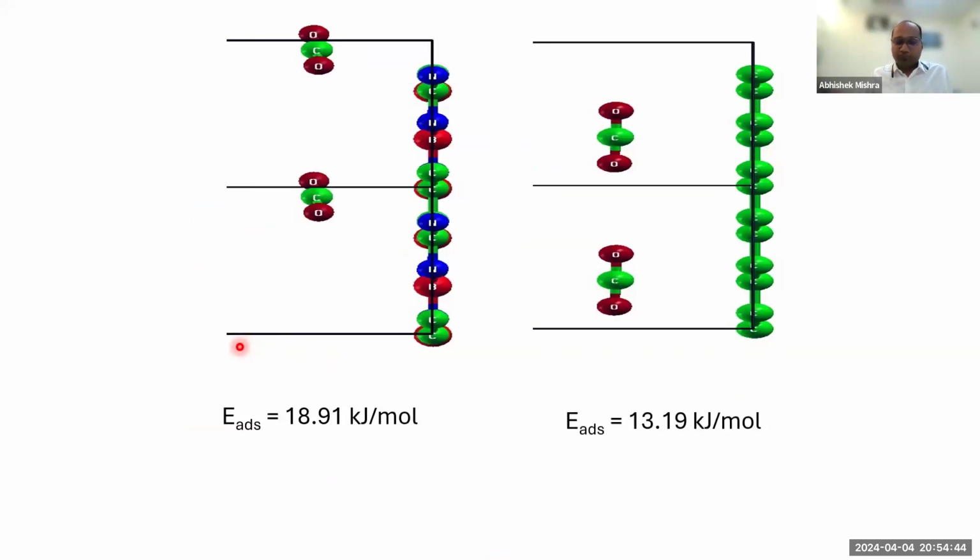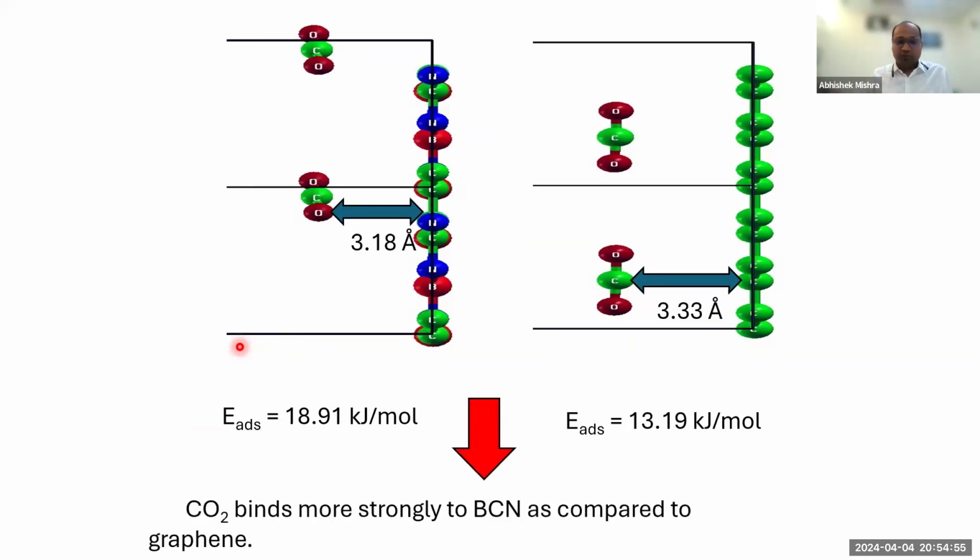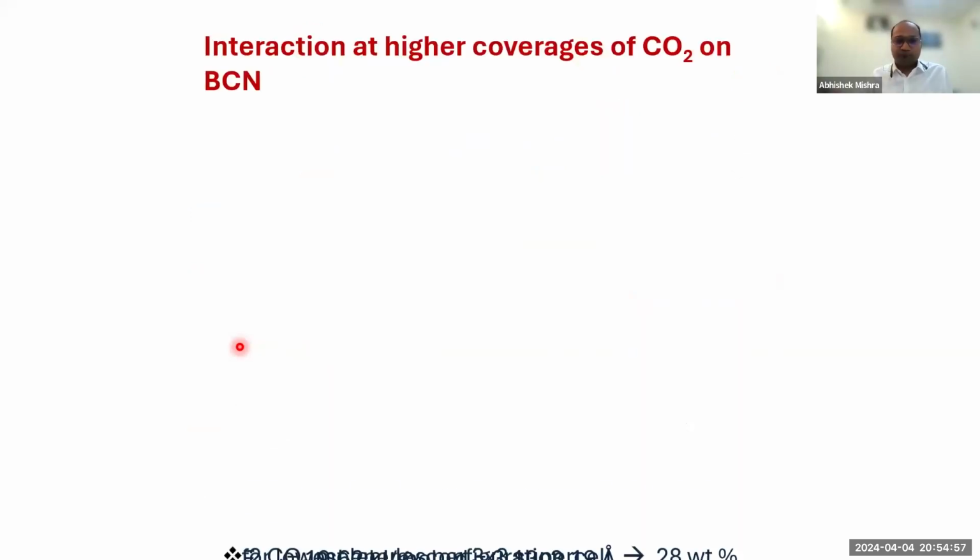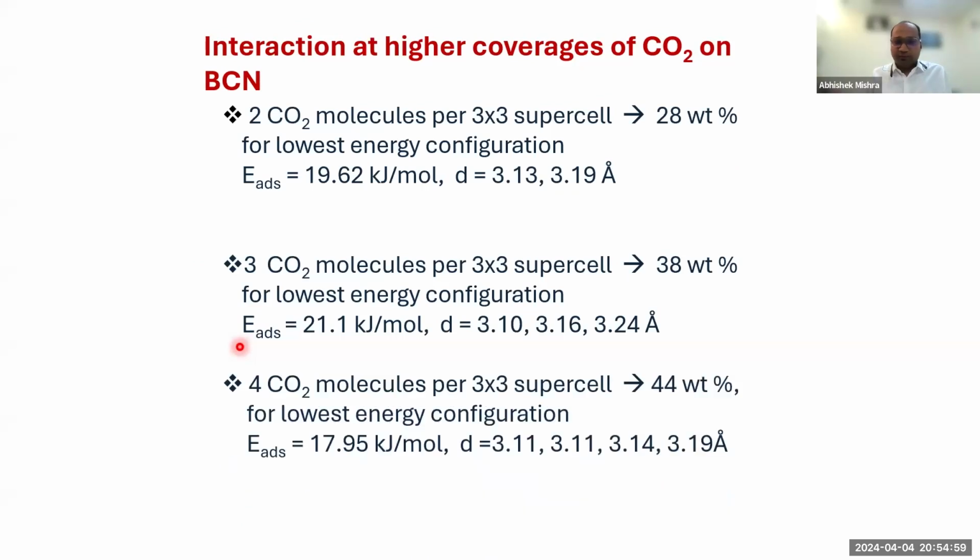If you compare with graphene, we found better absorption here in terms of binding energy as well as interaction distance. So CO2 binds more strongly, and then we increased the concentration and identified how much maximum weight percentage uptake you can have on BCN as well as on graphene.